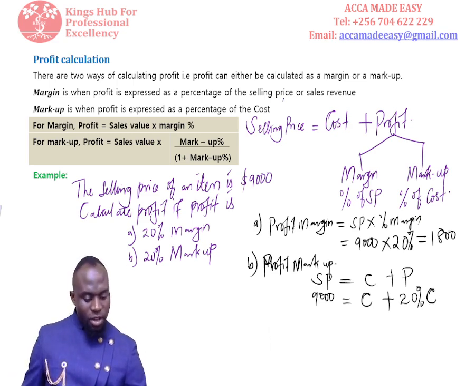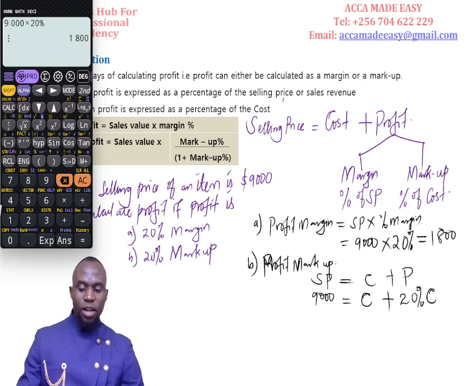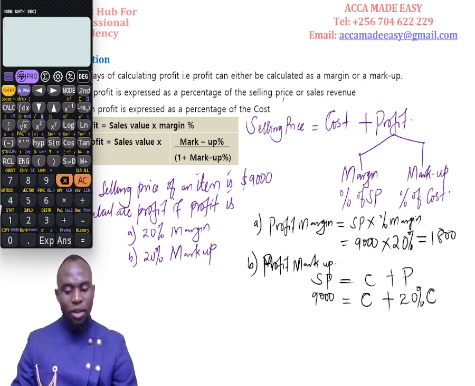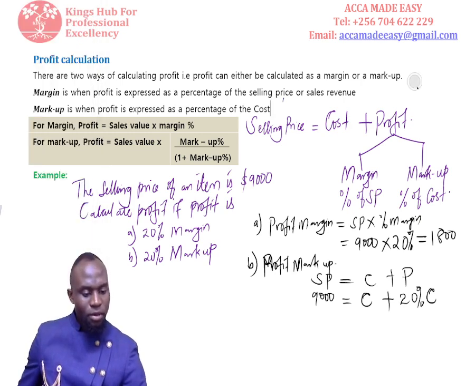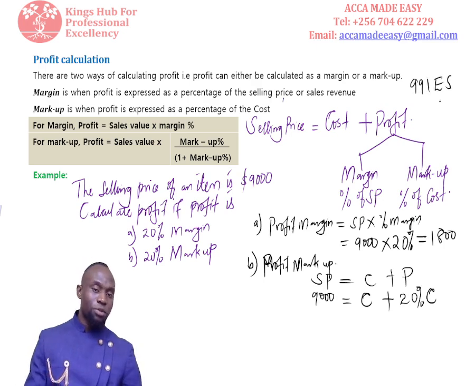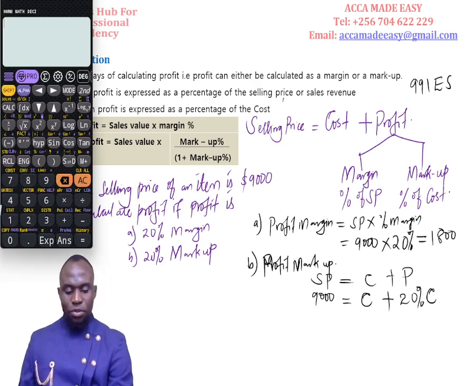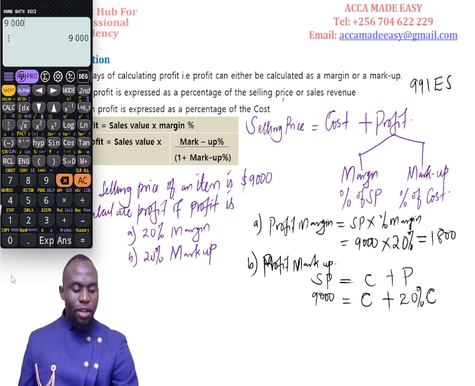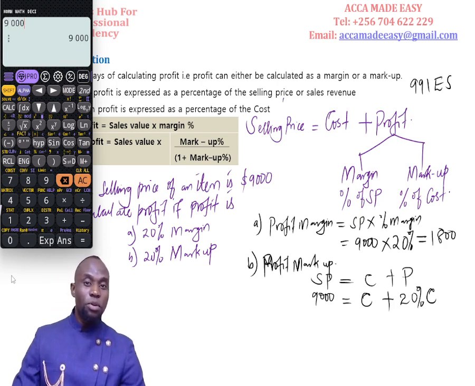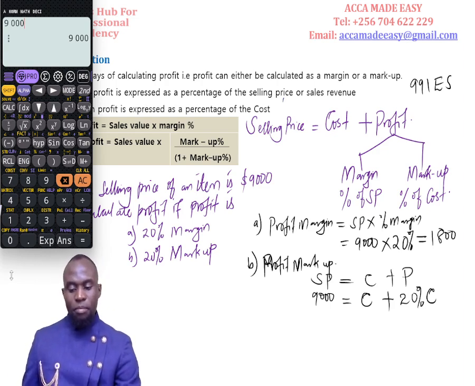So we can use the calculator to solve for us. Now the calculator is a 991 ES. It is the one that can solve for you, not FX. So I'll just put this the way it is. It is 9,000, then I put equals. How do I put equals? I place alpha, then the equal sign. They are up here.